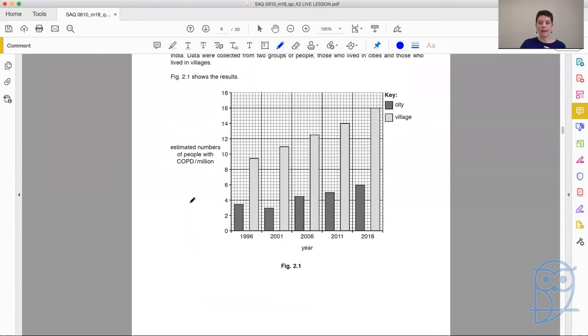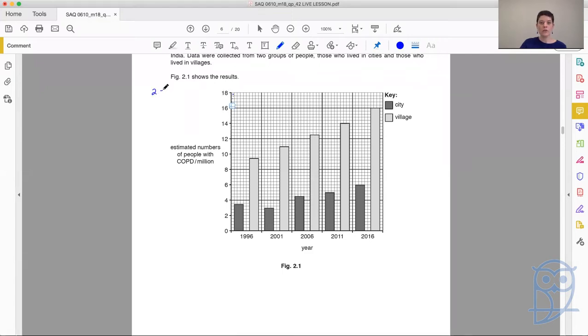So if we go back here, in order to use data, we need to understand this graph and what the real values are. So we're going up 2, 4, 6, 8, 10. That's nice and straightforward. But then we see a lot of these blocks aren't actually on the line. So we need to understand our scale. So if we go up here where we're out of the way of the interesting things, we can see that there's 1, 2, 3, 4, 5 little blocks in a jump of 2.